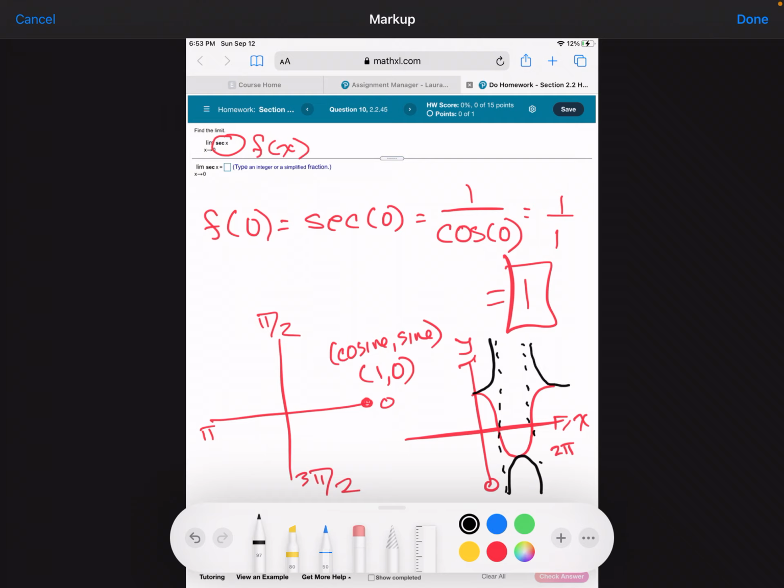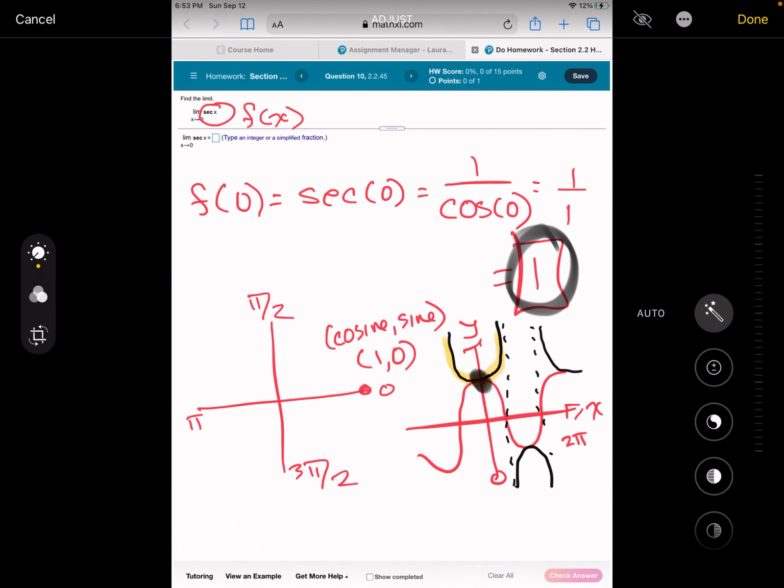If you were to actually look at the graph, and remember this does keep going, what happens as you approach 0? Well, if you approach 0 from this direction or this direction, where are you going? You're going to 1. So the answer is 1. If you remember the graph, you can also see that. But nothing funny going on there. We just had to plug it in. And we'll actually stop there on number 10.